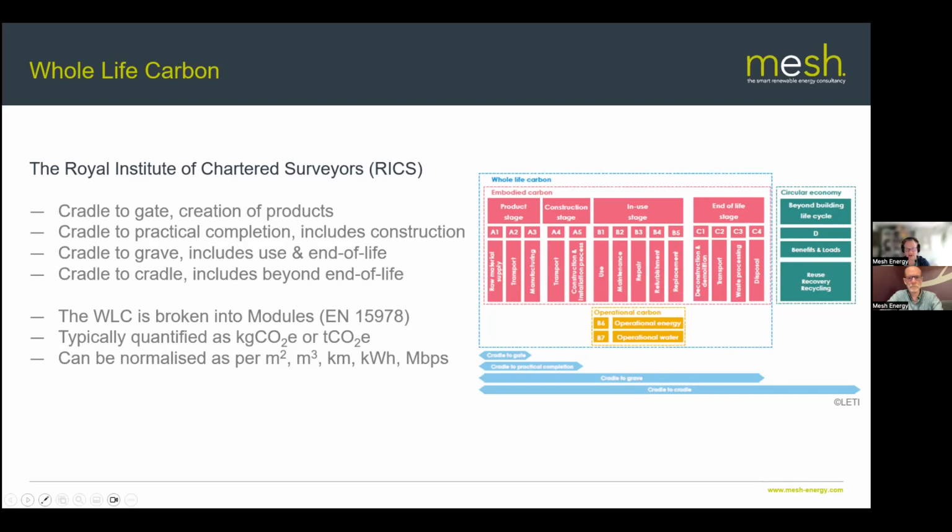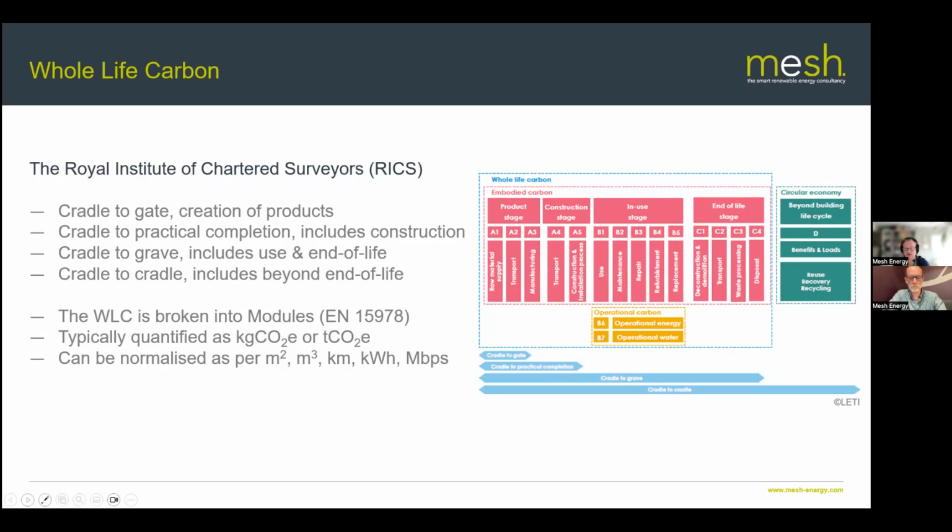Building services plant has limited lifespans, and it may be replaced 2 or 3 times throughout the lifespan of a building. And then we get to the end of life stage. So, say, for example, designing for deconstruction, considering waste processing and disposal.